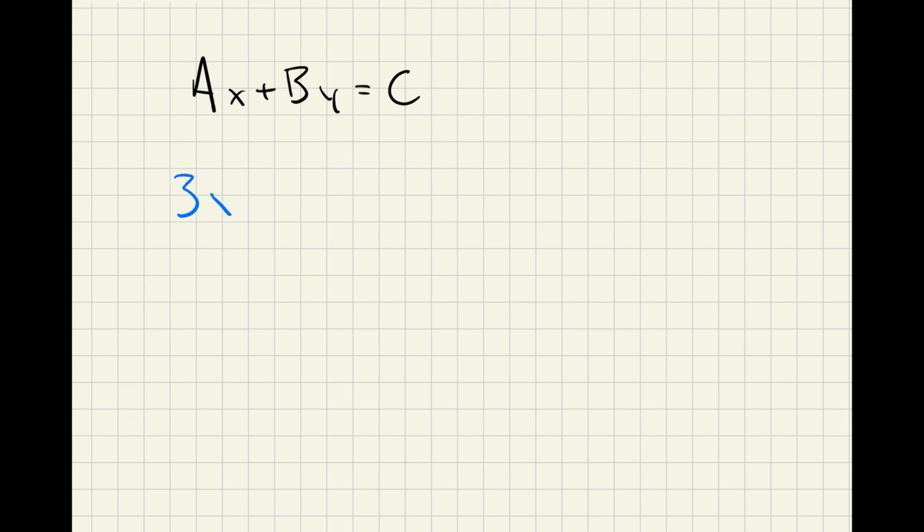A system of equations is two different lines that might intersect each other at some point. And the entire reason why you would solve a system of equations problem is to find what point they are intersecting each other.